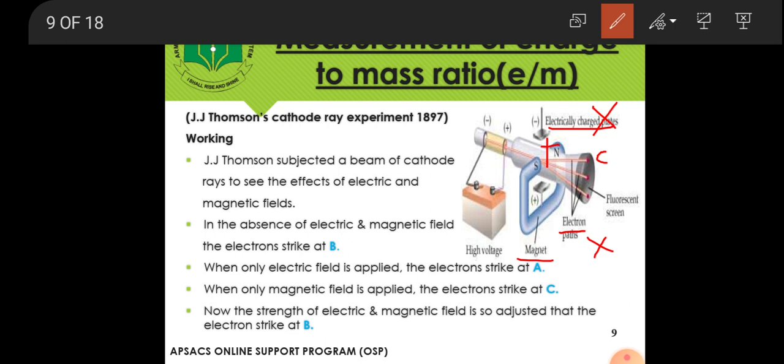Now both the magnetic field and the electric field are on, and the strength of these two fields is adjusted in such a way that the electrons strike at point B. The deflection is neither towards point A nor towards point C. The electrons strike at point B.